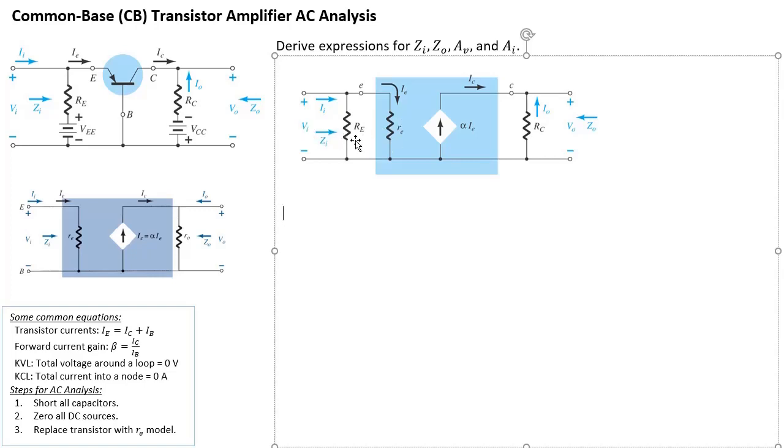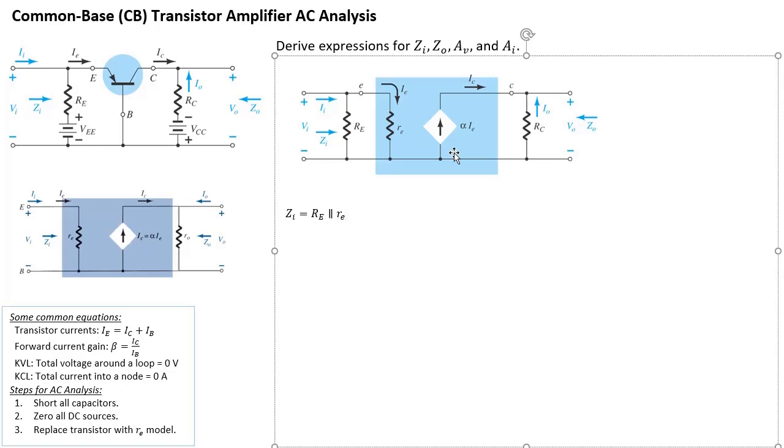Straight away you'll notice that all Zi is going to see are two resistors in parallel. So Zi is going to be equal to RE in parallel with little re. And that is Zi.